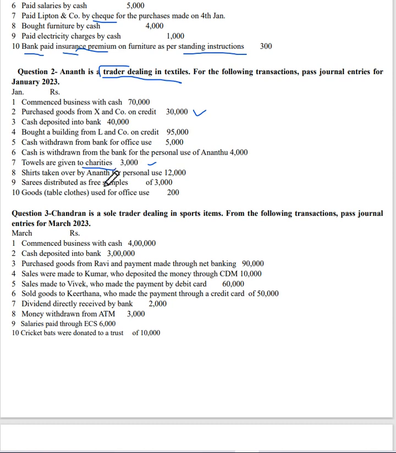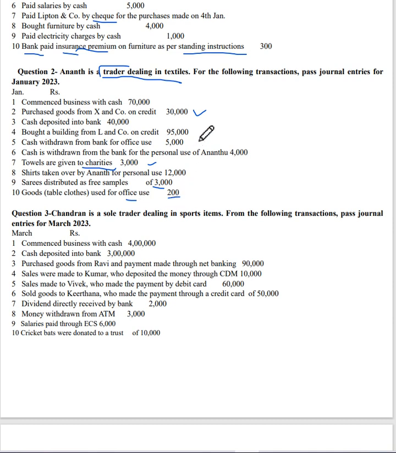In the next sentence they are saying, shirts taken over by Anand for personal use worth rupees 12,000. Out of that 30,000, he gave 3,000 worth of goods to charity, that is towels, and shirts worth 12,000 he took for his personal use, that is drawings, and next sarees worth 3,000 distributed as free samples. Next, goods, tablecloths, used for office use, 200.